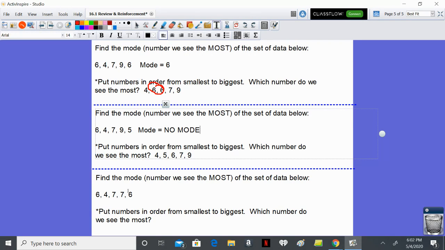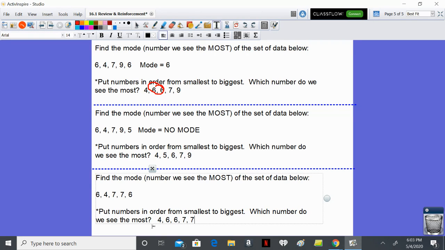And then my final example: find the mode, the number we see the most of this set of data below. We have 6, 4, 7, 7, 6. Let's put our numbers in order from smallest to biggest. So we have 4, 6, I have another 6, 7, and I have another 7. Let's take a look at these numbers.